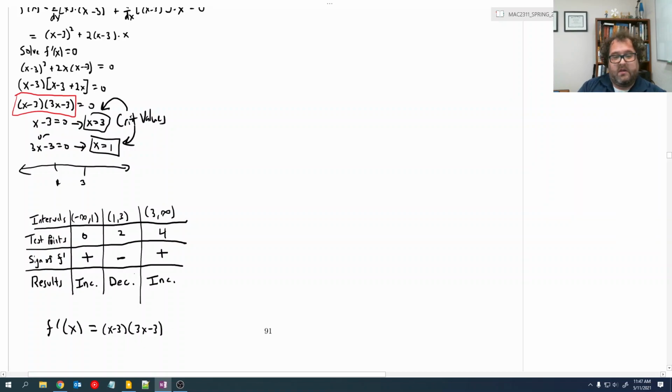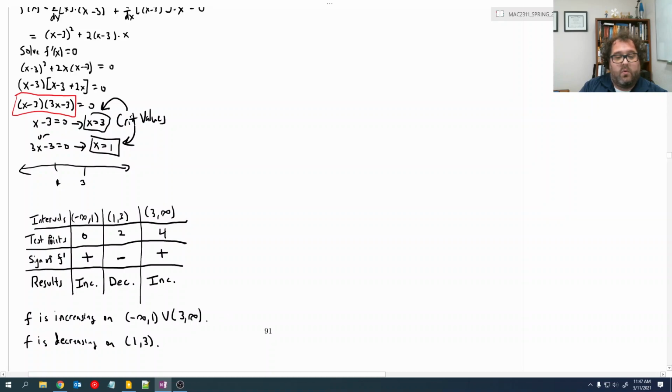Okay, so we can say, for our final answer here, that f is increasing on negative infinity to 1 union 3 to infinity, and f is decreasing on 1 to 3.